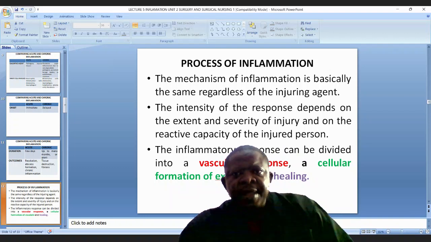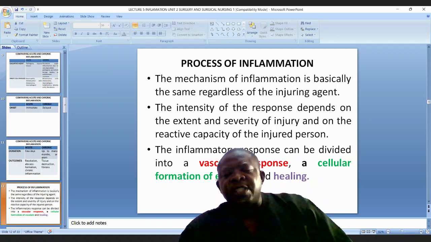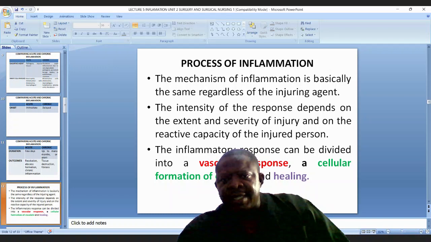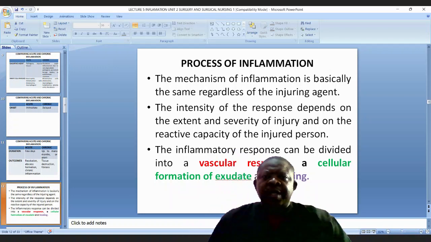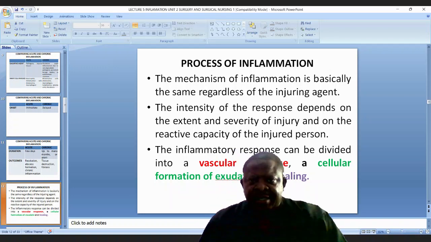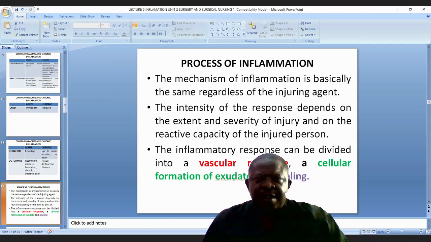The inflammatory response can be divided into a vascular response, a cellular formation of exudate, and healing. So this gives us the stages or phases of the inflammatory process.